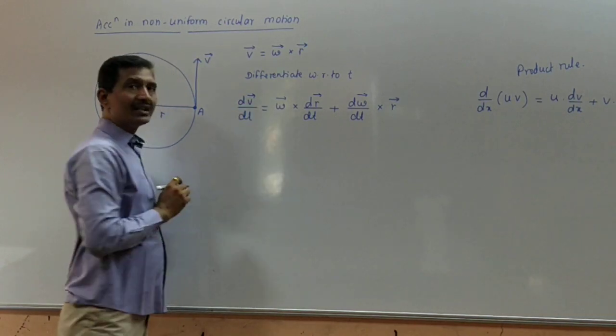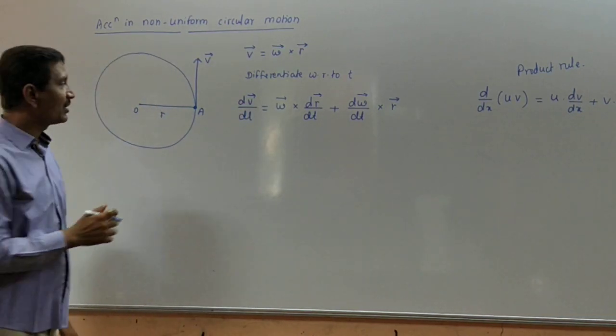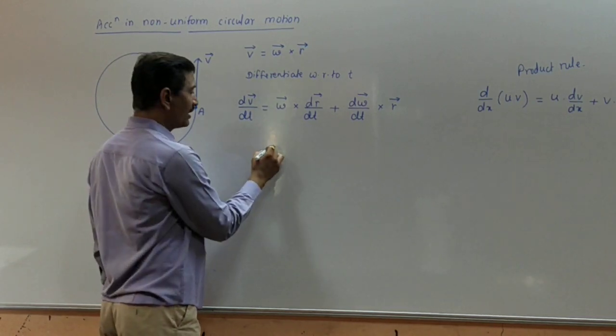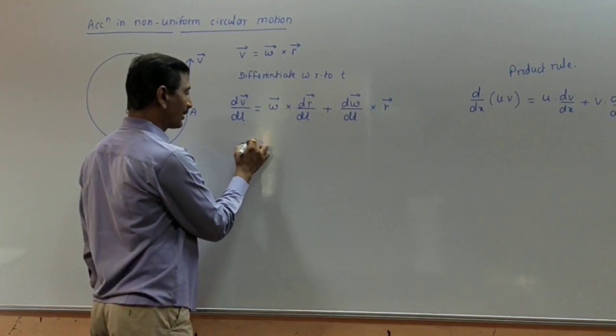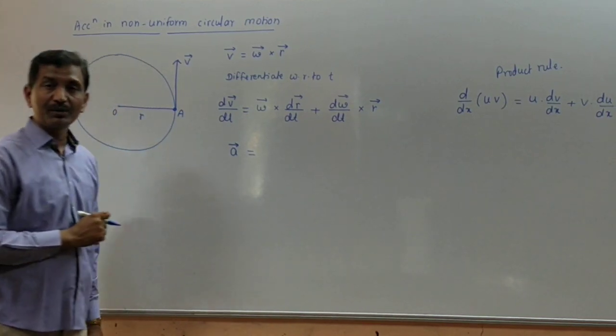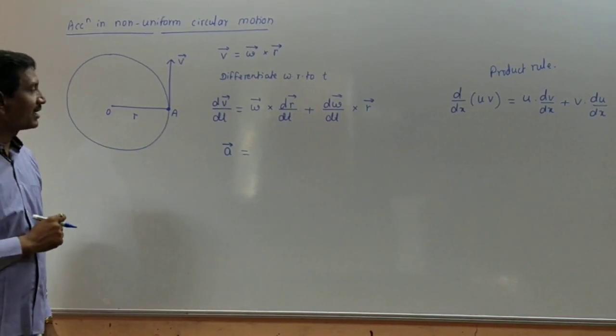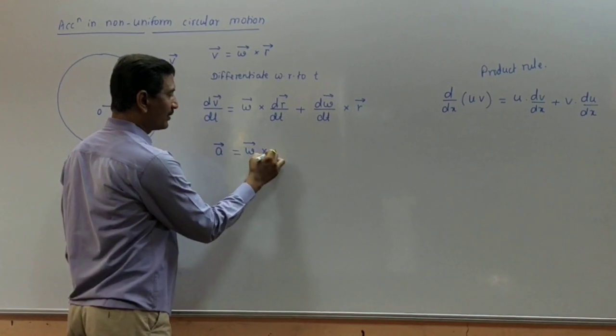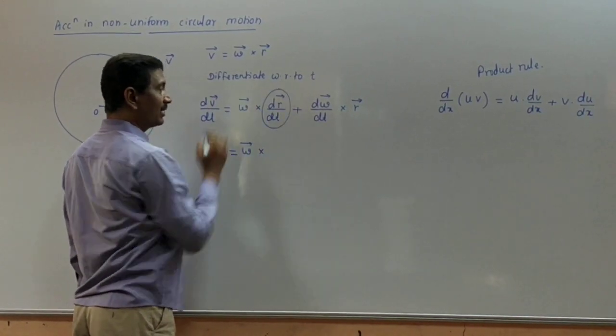So what is the LHS? Rate of change of the linear velocity. So it is the acceleration a bar. Rate of change of velocity is the acceleration a bar. Omega bar cross dr by dt.